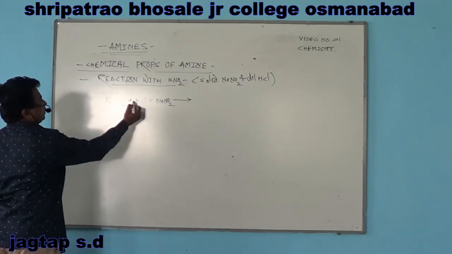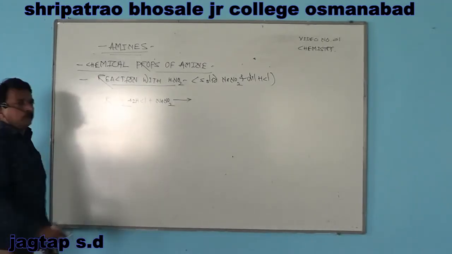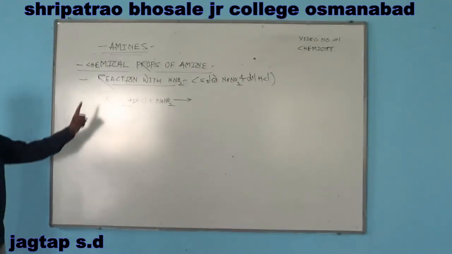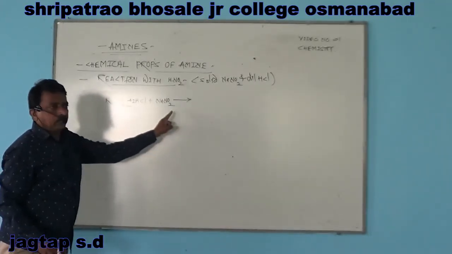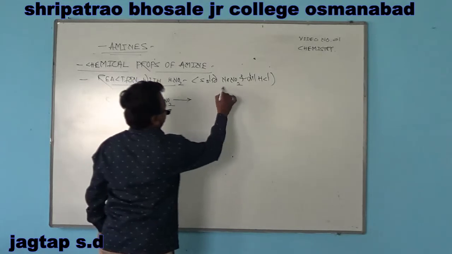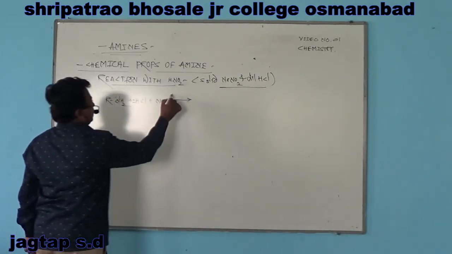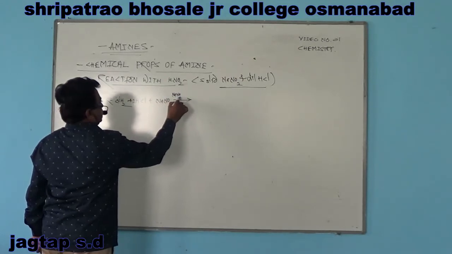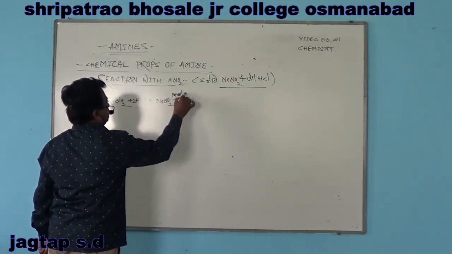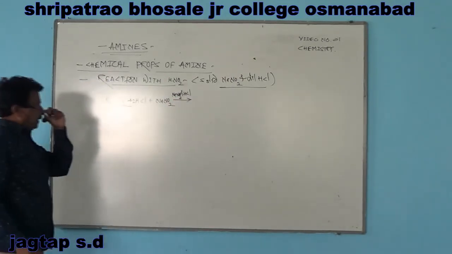But for balancing the chemical reaction, two molecules of HCl are required here. So, the primary amine in HCl reacts with nitrous acid, which is prepared from sodium nitrite and hydrochloric acid, NaNO2 and HCl.